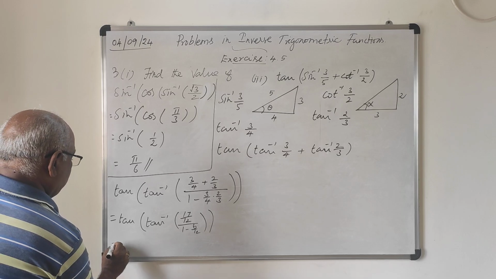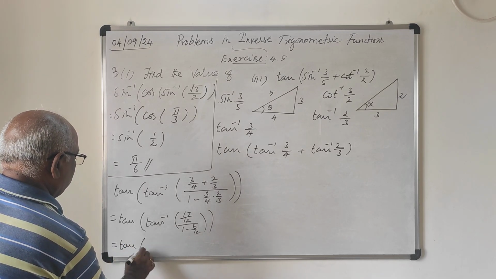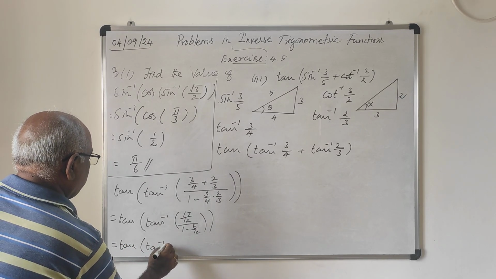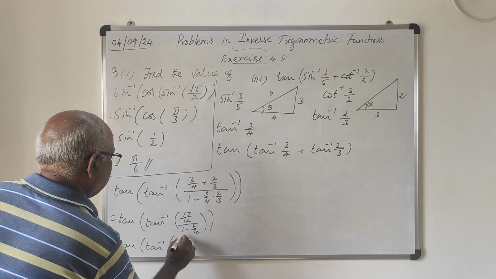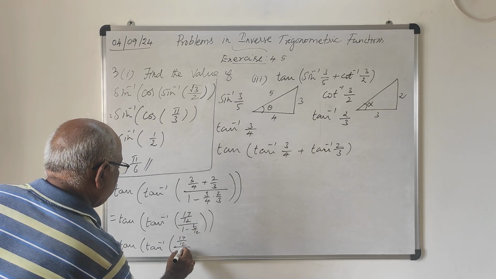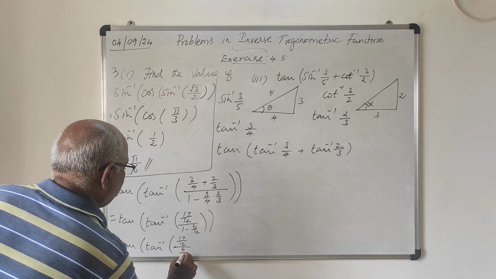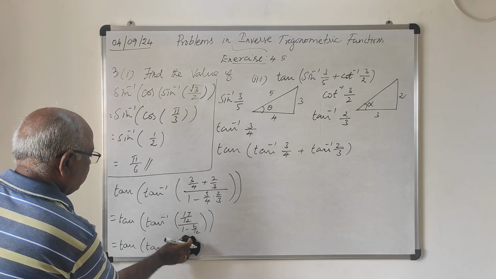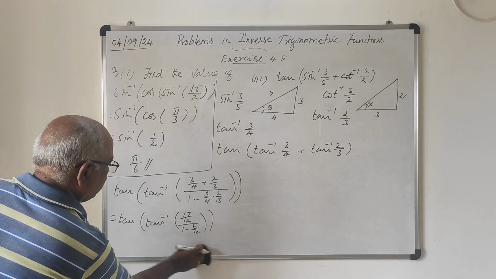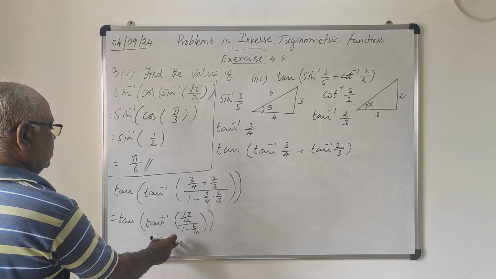So this is again equal to tan inverse of 17 by 12 by 1 minus 6 by 12, which is 6 by 12.